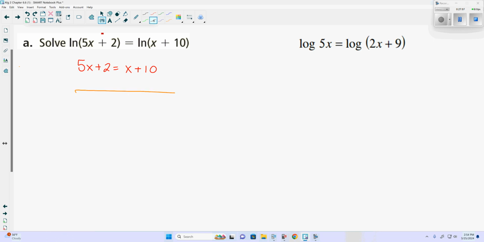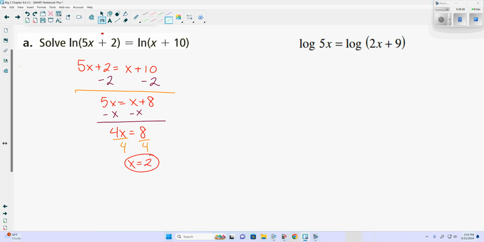We can subtract 2, so 5x is equal to x plus 8. Now subtract x from both sides, telling us 4x is equal to 8. Then divide both sides by 4. x is equal to 2. That's it.